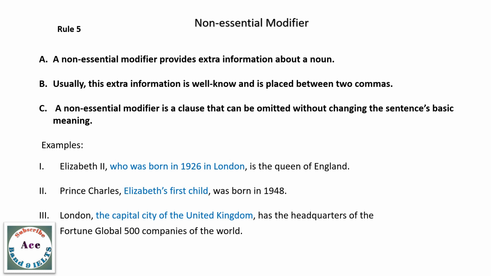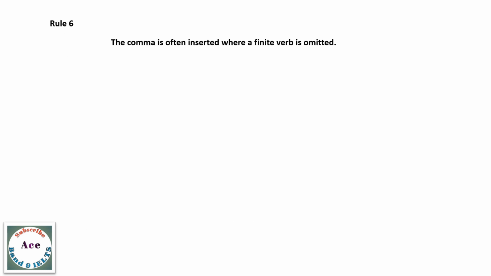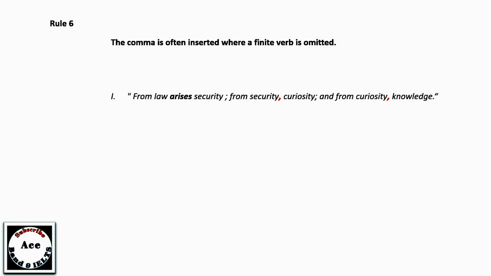Now, read the rule 6. What does this mean? It means when you don't want to repeat the same verb across the sentence, then you could use it only once in the beginning and next time instead of the verb you could use a comma.